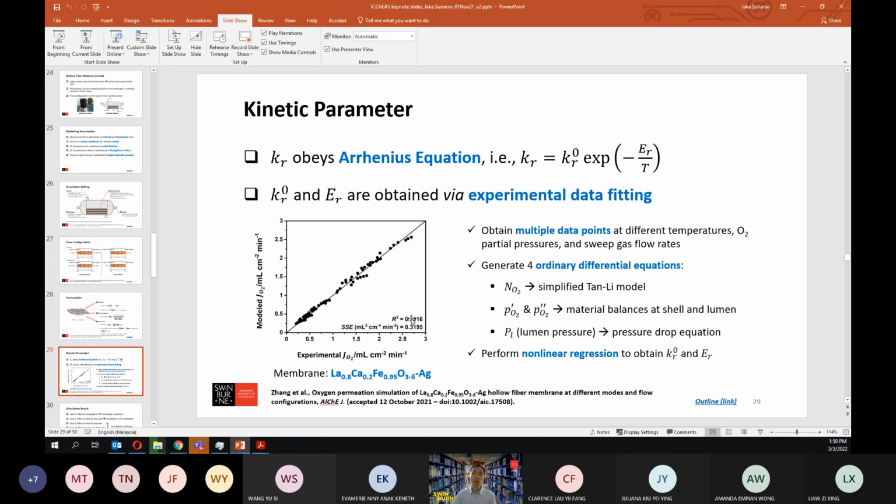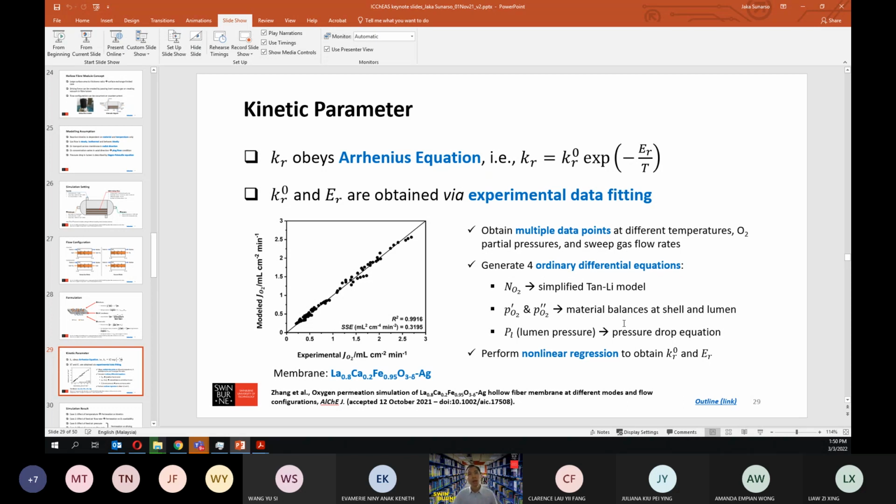Because this is higher than about 0.99, it means that your fittings are good. Okay, and you also have a very good sum squared of error in here, 0.3195.